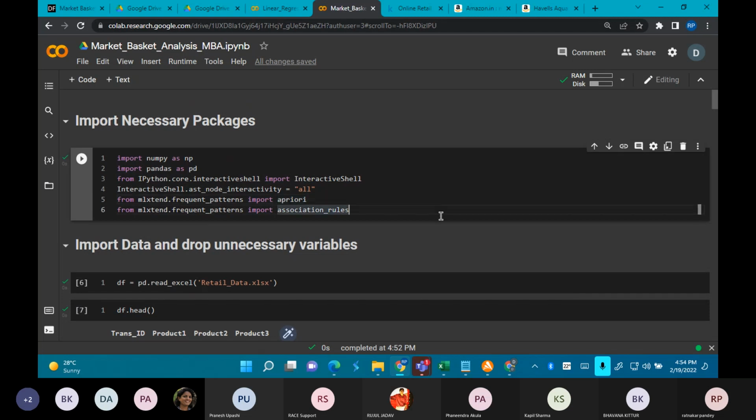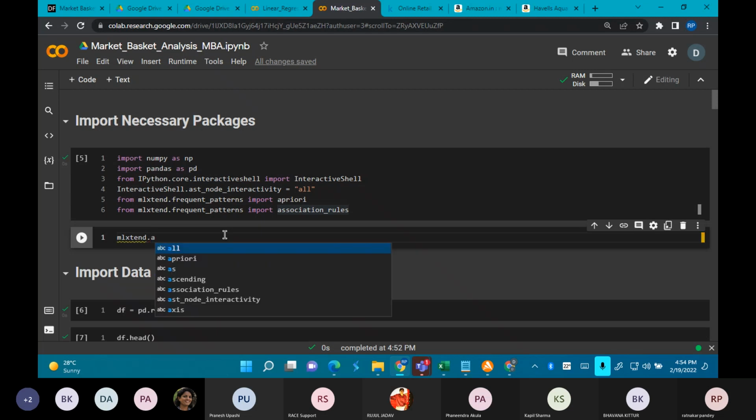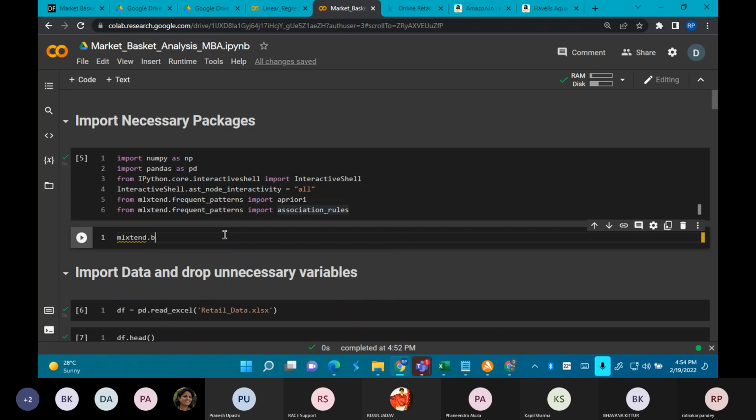And if you want to see what all is a possibility, what you can do is just put mlxtend, put dot, and then hopefully it should pop up some of the things which are there. You can see these are some of the things which are coming up, right? No, you don't have to install. That will come naturally. But if you're doing in the Jupyter, then you can install.